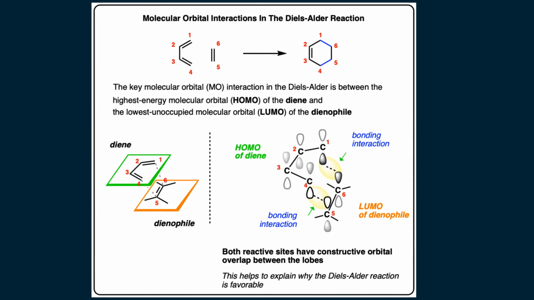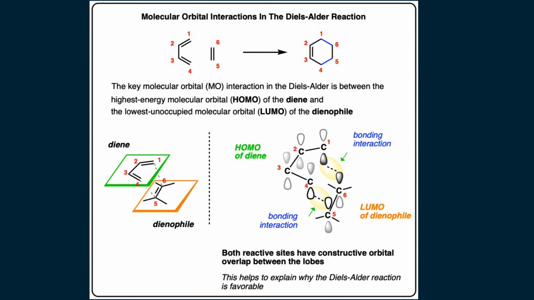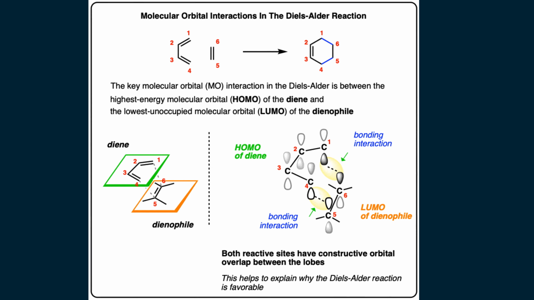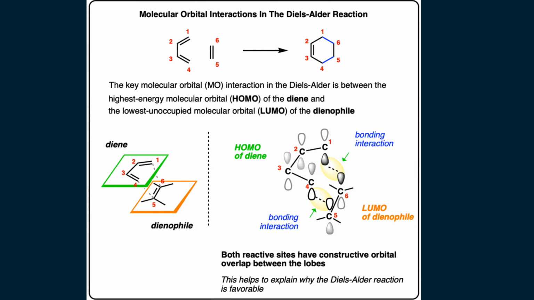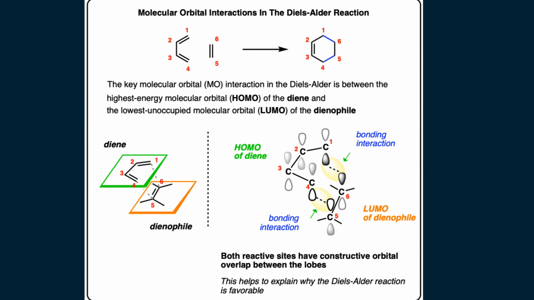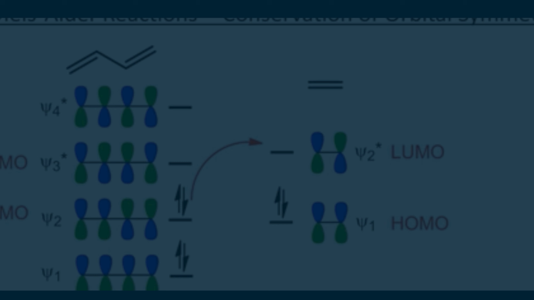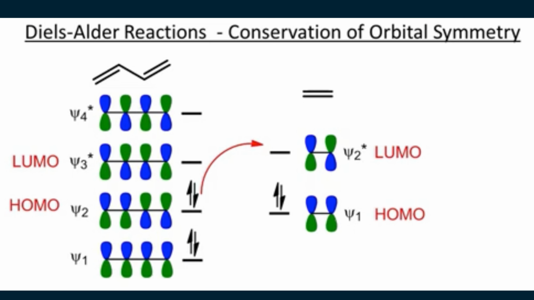The reaction proceeds due to the matching symmetry of these frontier orbitals, allowing constructive overlap. Frontier molecular orbitals, FMO. The reaction is governed by the interaction between the diene's HOMO, for 1,3-butadiene antisymmetric, and the dienophile's LUMO, for ethylene antisymmetric.